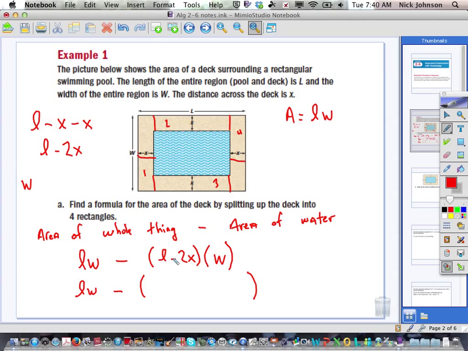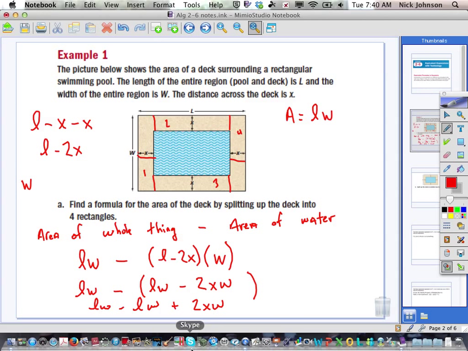L times W, I'm doing the distributive property, L times W is LW. And a negative 2x times W is a negative 2xW. So if I distribute my negative sign through here, that means I get LW minus LW, and a negative times a negative is a positive 2xW.